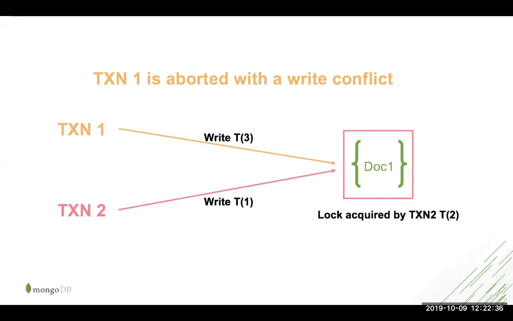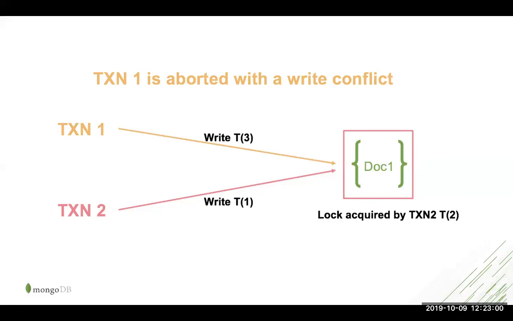Let's say they were both sent in parallel, but the pink transaction, transaction 2, happened to get in first. It's going to perform the write on this document. Transaction 2 acquired the modifier lock on the document.